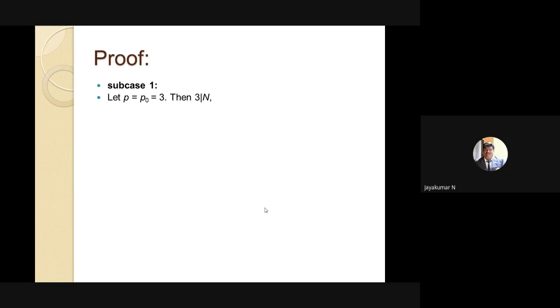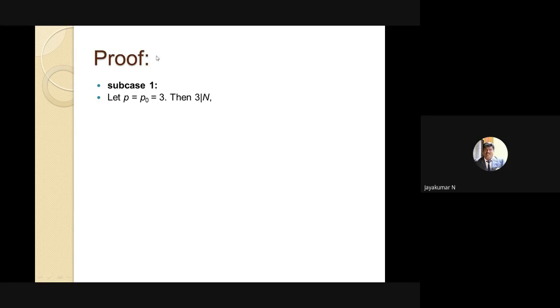So I can classify the prime numbers whose form is 4n plus 3. 3 is one case, other than 3 is the other case. I can consider two subcases. The primes whose form is 4n plus 3 are classified into two types: one is 3, another one is other than 3.